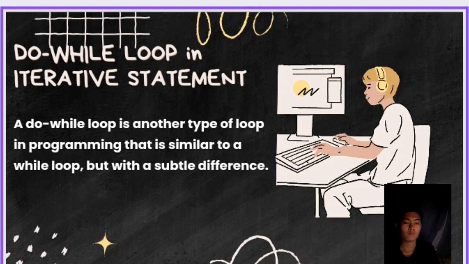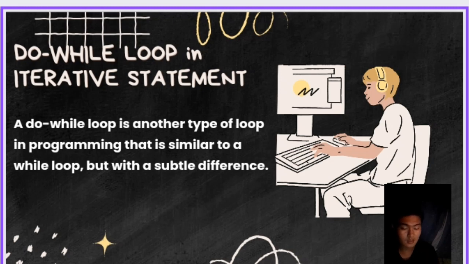The code block within the do contains the instructions you want to execute. It's executed at least once, regardless of the condition. After the code block is executed, the loop checks the condition. If the condition is true, the loop continues executing the code block. If the condition is false, the loop terminates.